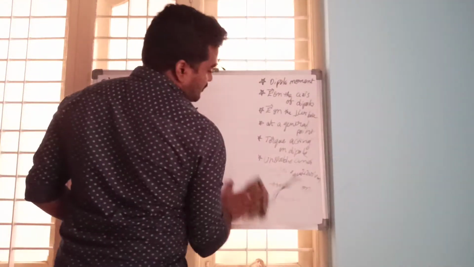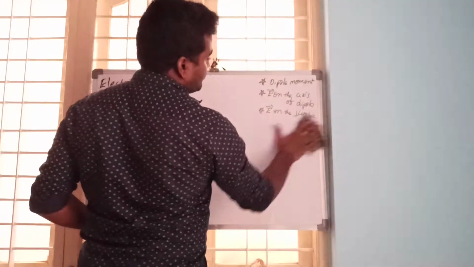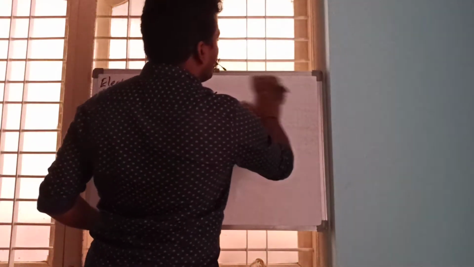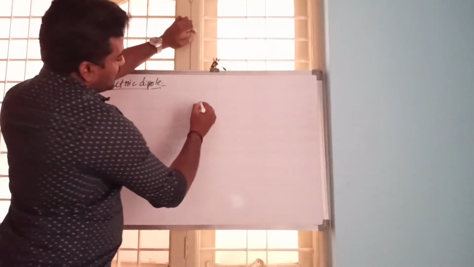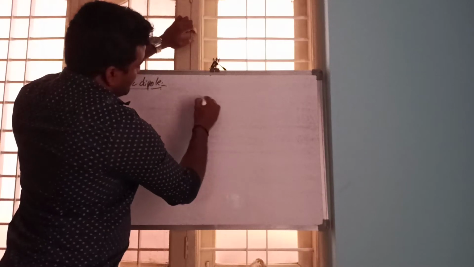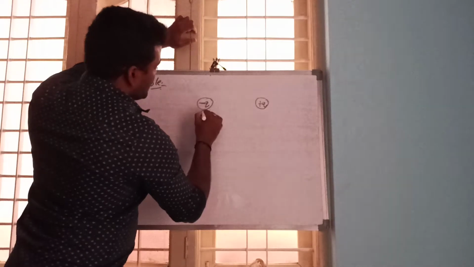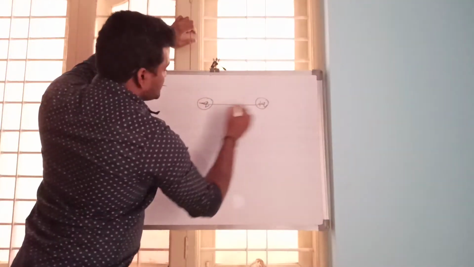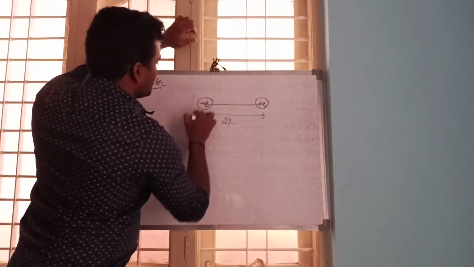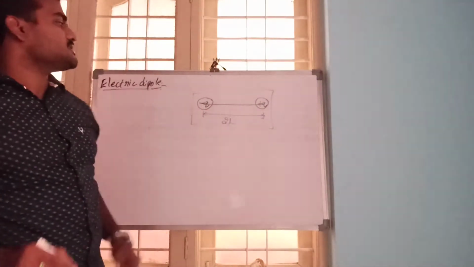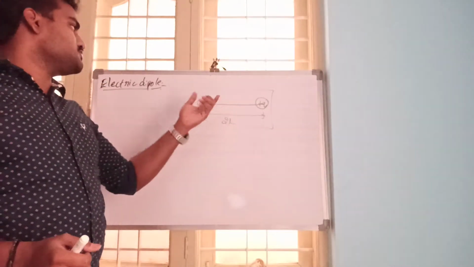First, what is a dipole? If two equal and opposite charges are separated by some small distance, say 2L, the entire arrangement is called an electric dipole. Dipole means two poles, two polarities.